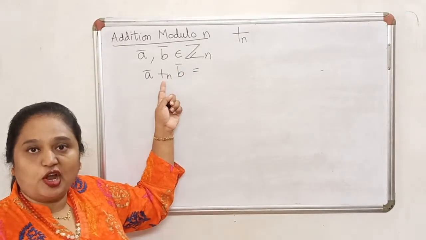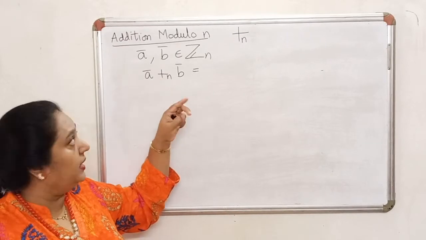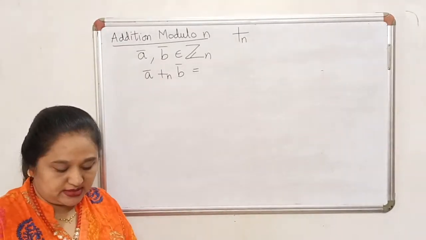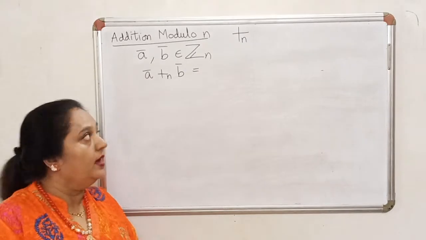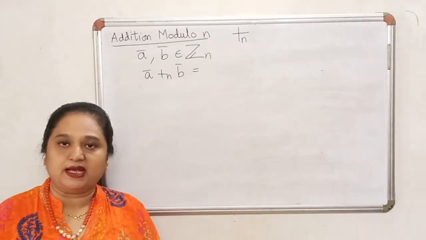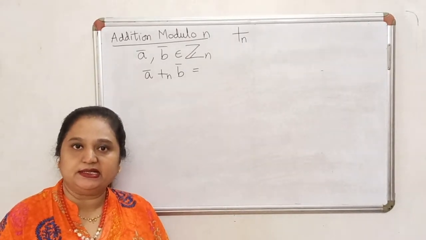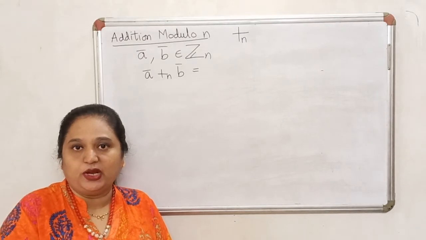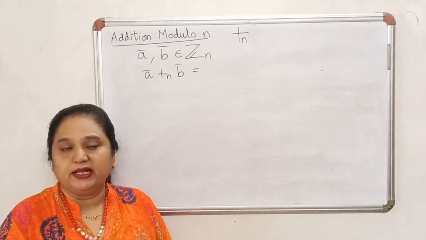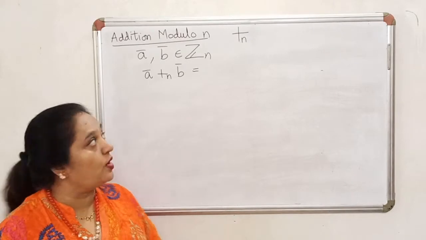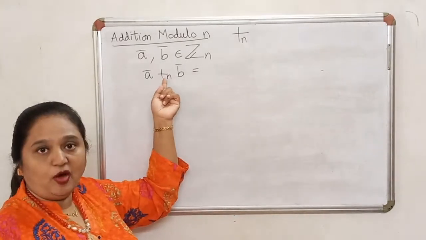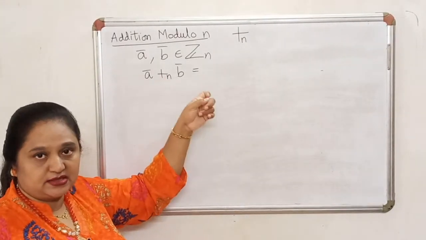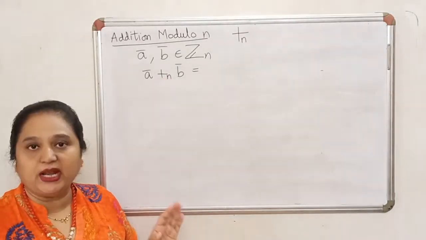It's not just the usual plus, it is a new operation. Remember, it is an operation which is defined between two equivalence classes. And what are equivalence classes? They are not just usual or regular numbers. They are actually sets. So I am now defining an operation between two sets. So obviously it cannot be the usual addition.